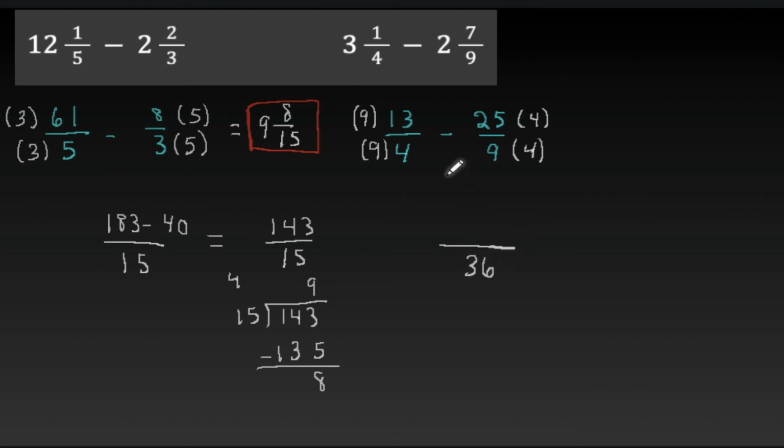Let's evaluate the numerator. So we have 13 times 9, and that's 117, minus 25 times 4 is 100. And so this leaves us with a result of 17 over 36.